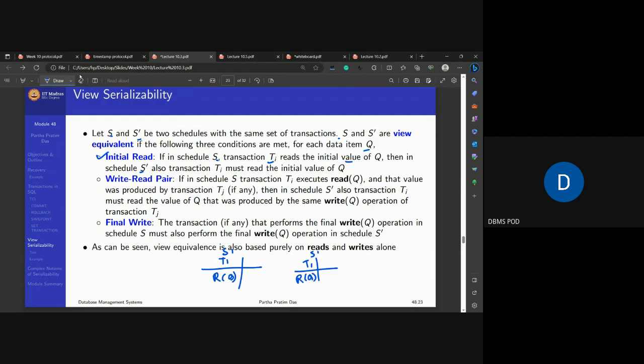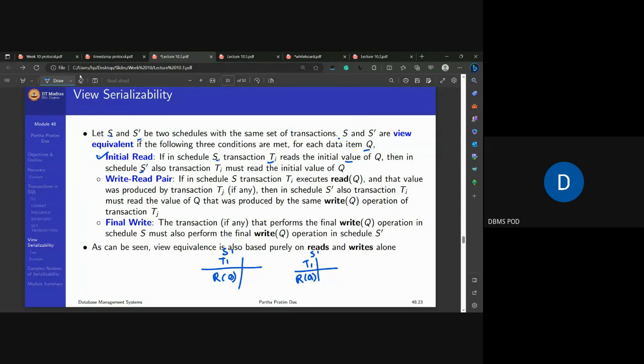Then the write-read pair. If in schedule S transaction Ti executes read Q, and that value was produced by transaction Tj, then in schedule S dash also transaction Ti must read the value of Q that was produced by the same write Q operation of transaction Tj.